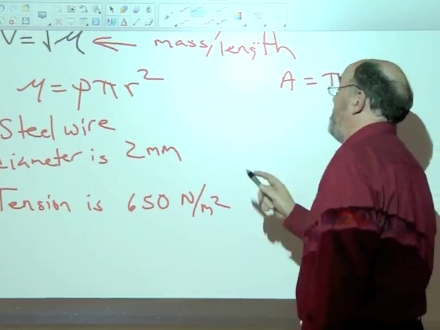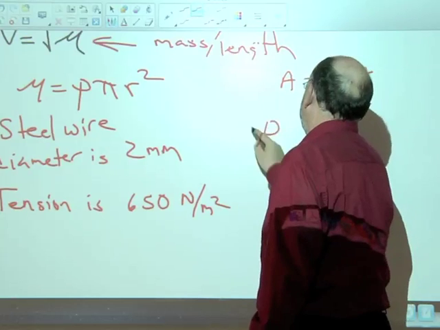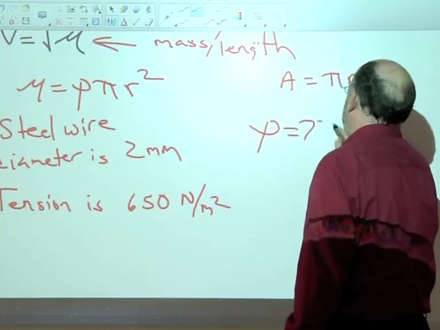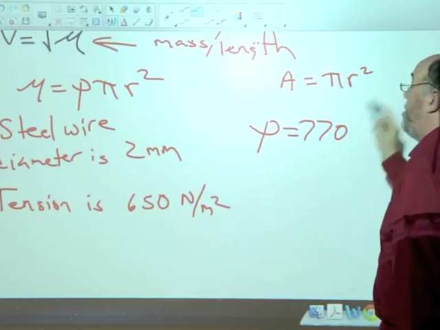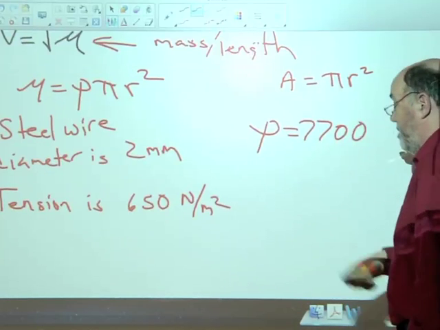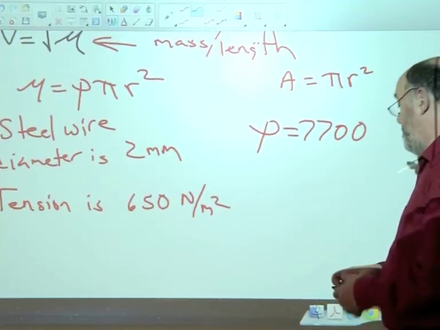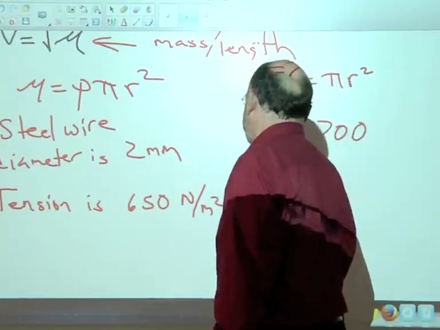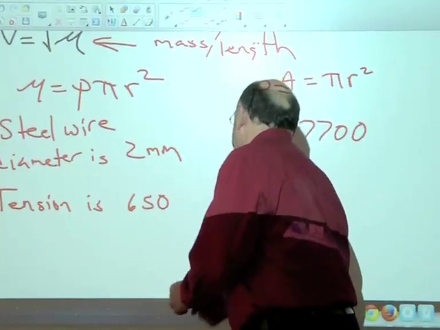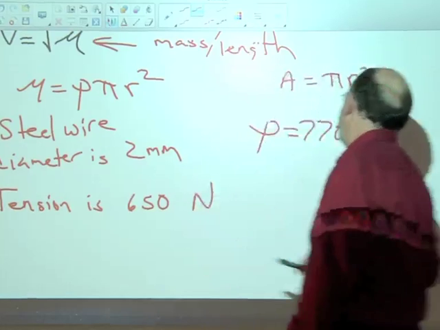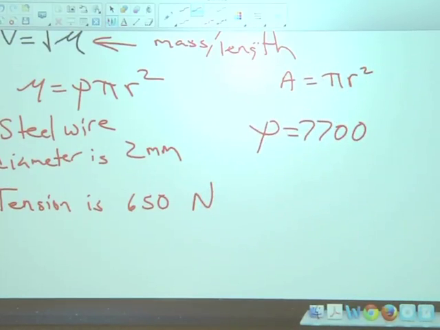Density of steel is 7,700. My bad, I did velocity earlier. Tension should just be a force. So given this equation and these numbers, what would be my velocity?